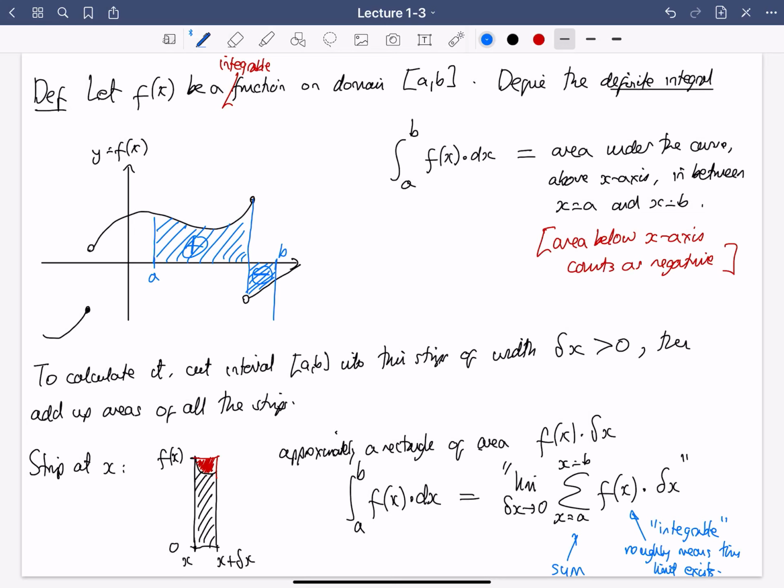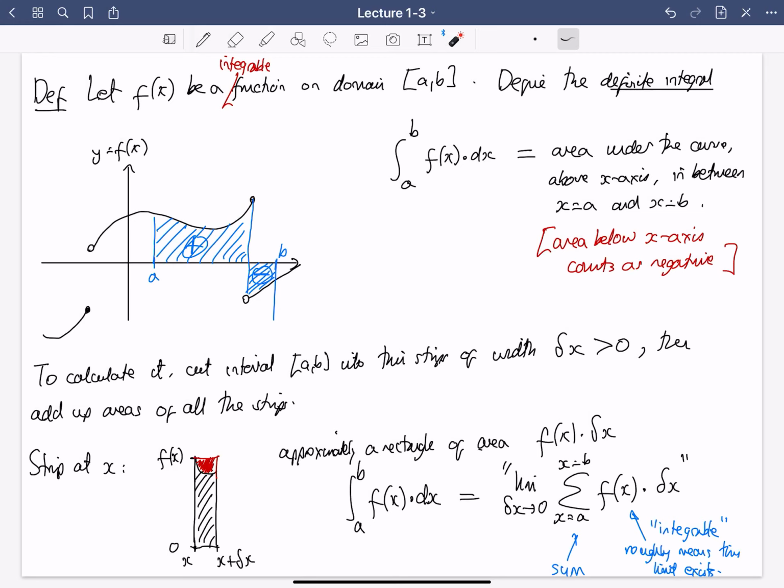Okay, so that's the definite integral. It's sensible notation. The idea is it's this limit of this sum, and the integral sign is sort of this sigma, which is sum. In the limit, the delta x becomes the dx, and the sum becomes the integral. So now this is something very concrete and precise.